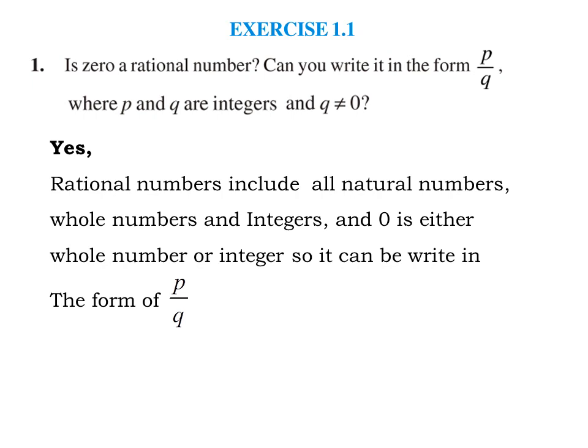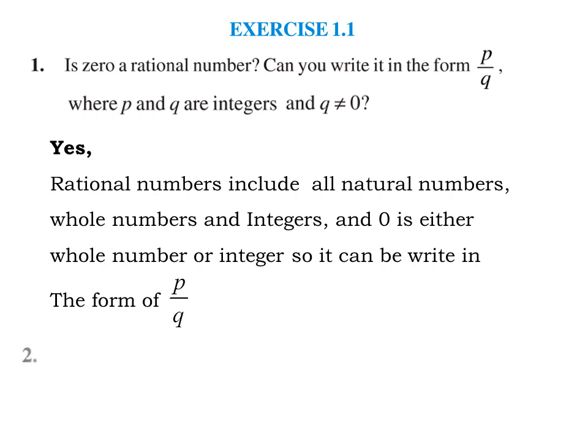So yes, it is a rational number because it is an integer or whole number, and rational numbers include both of these. That's why we can say 0 is a rational number.